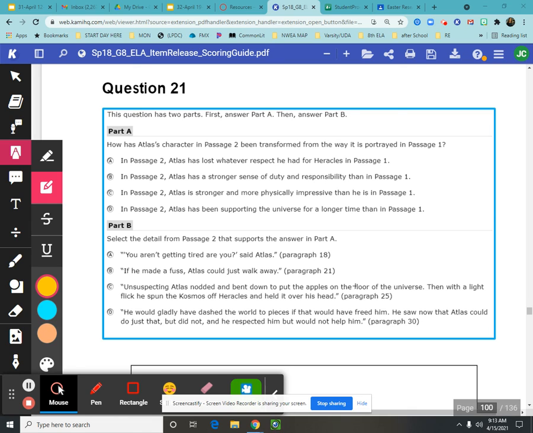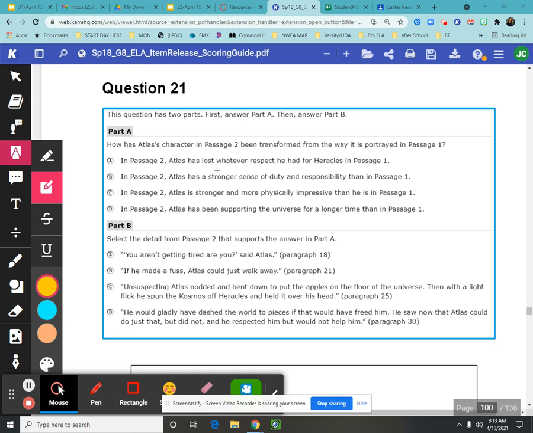Yeah. All right, so this question has 2 parts. You must get part A in order to get part B. So, how has Atlas's character in passage 2 been transformed from the way it is portrayed in passage 1? So, you're looking at how Atlas's character in passage 2 kind of grew from passage 1.